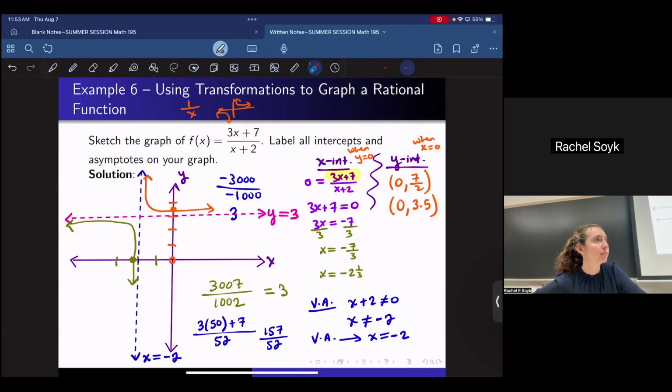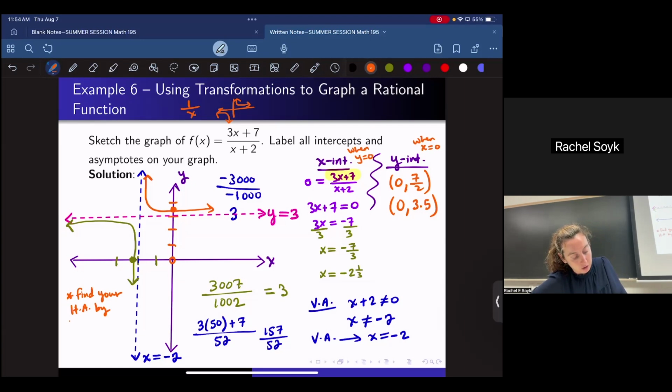Where did you get the y asymptote? The y equals 3? Yeah, so that was by utilizing end behaviors. So you find your horizontal asymptote by looking at end behaviors.